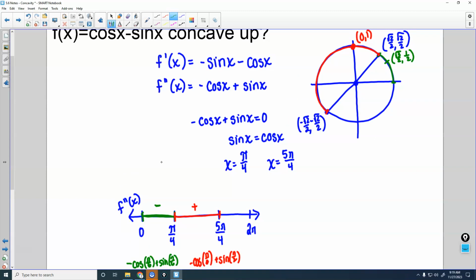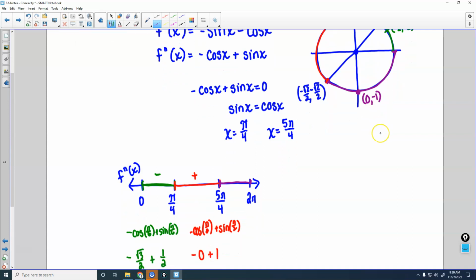All right, everybody with me so far? All right, then the last segment here corresponds to this part of the unit circle. I would suggest this point right here at 3 pi over 2 because we've got 0, negative 1 for that, which is going to be easier to deal with than any of the other points in that section.